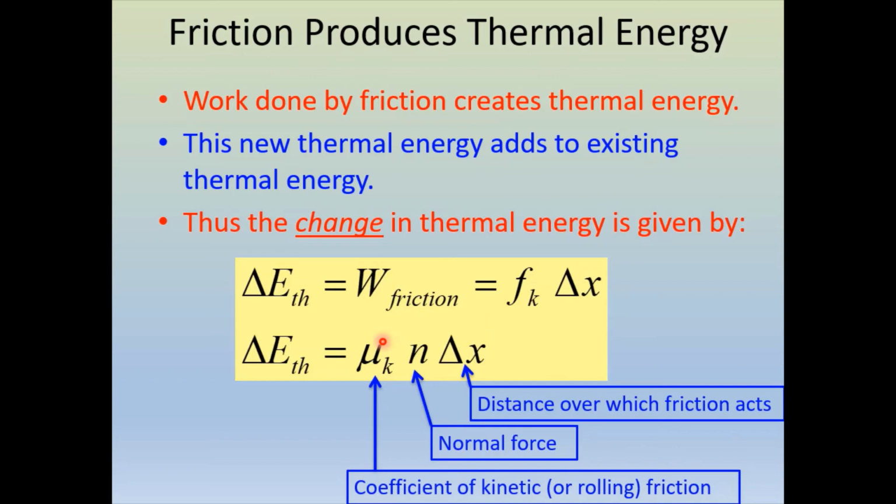That's the coefficient of kinetic, or it could be rolling friction as well. Just it's not static friction. And then N is the normal force. So mu sub k times N is how we calculate friction. And then we have to multiply that force by the distance, delta x, the distance over which friction acts. So this here is how we can calculate the amount of thermal energy that was created whenever friction is at play.